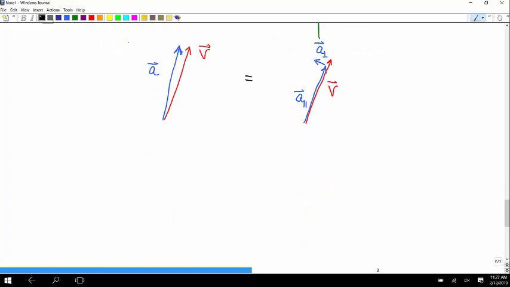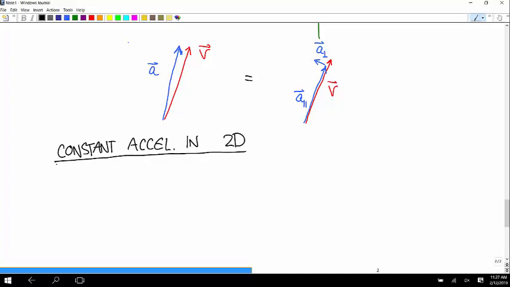Okay, just like in 1D, the most important type of acceleration to us is constant acceleration. We derived the constant acceleration equations in 1D by starting with the acceleration function equal to a constant value, and then from there, we did the integrals.